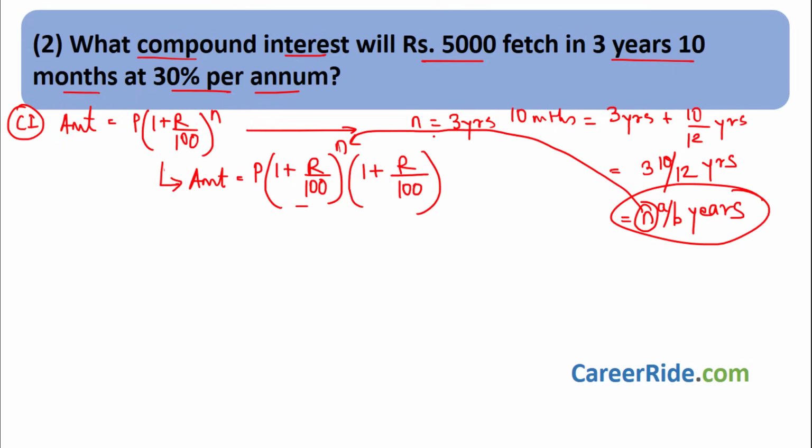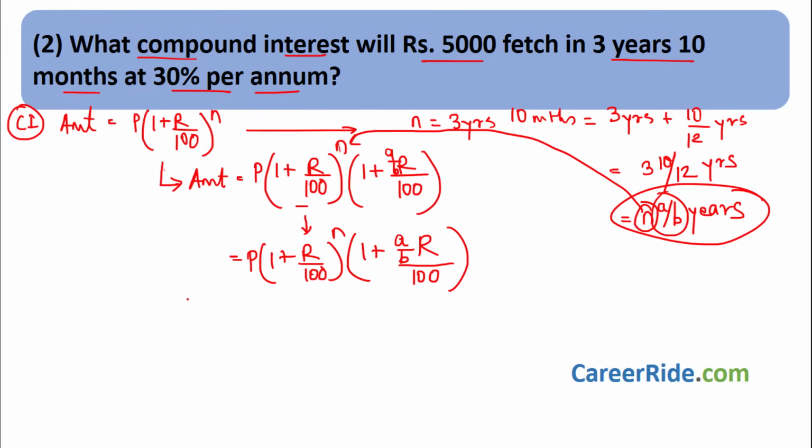We should not write raised to a by b. Where should we write this a by b which is remaining? We should write it next to r. So it is a by b into r. So what is the formula? Let's write it again: P into (1 + r/100) raised to n into (1 + (a/b) multiplied by r/100). Okay, so let's solve it.